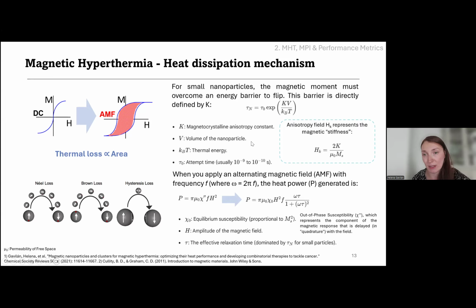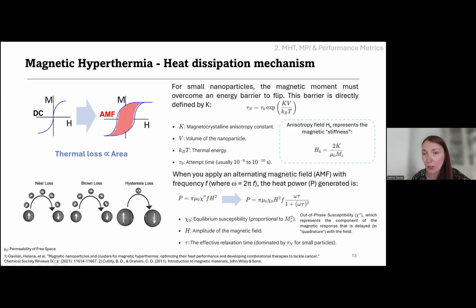We see that it depends on the magnetic anisotropy, on the volume, and it is also very much related to the characteristics of the nanoparticles, HK, the anisotropy field, which represents the magnetic stiffness and is also related to K and to the saturation magnetization.